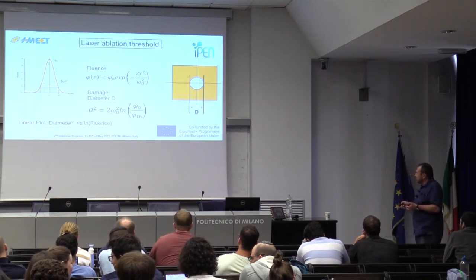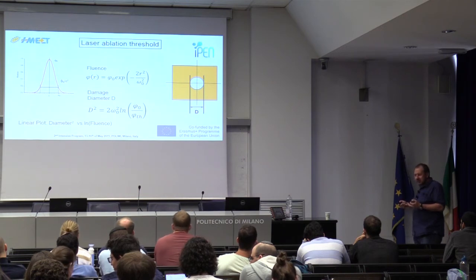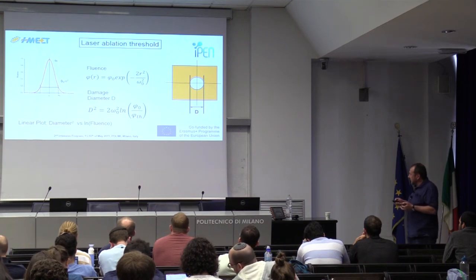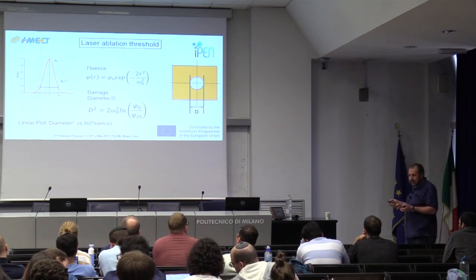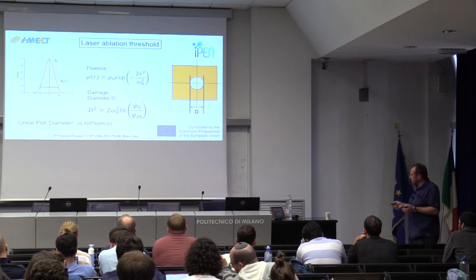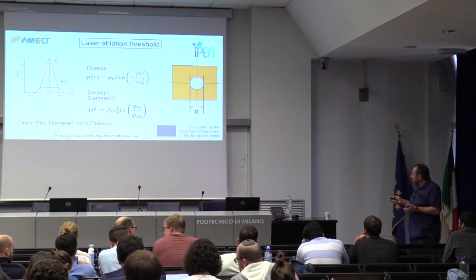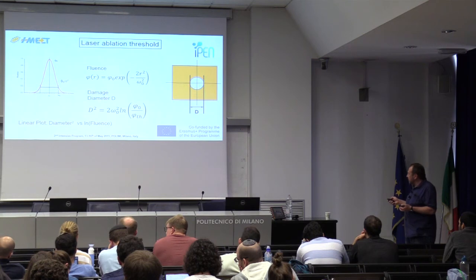Now, it's not so easy to make these defects repeatably and controllably in different layers. So again, you have to start with determining the laser ablation threshold of different layers, which is done by shooting a sample with single spots.